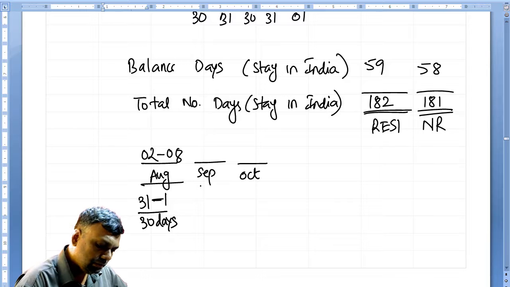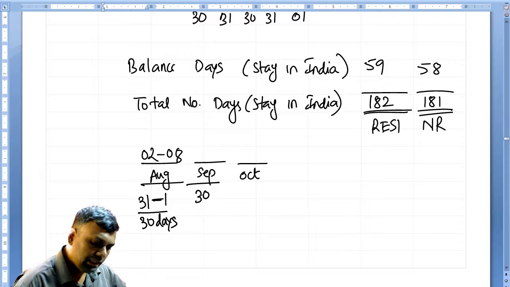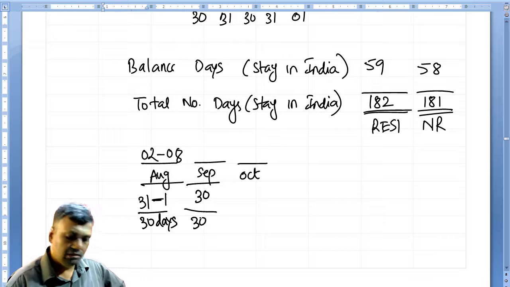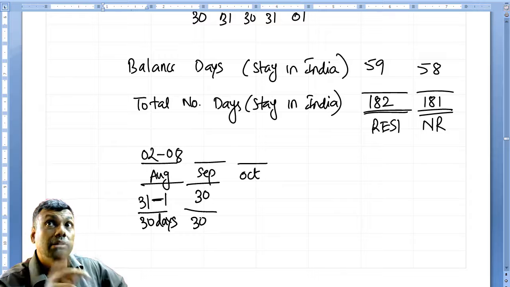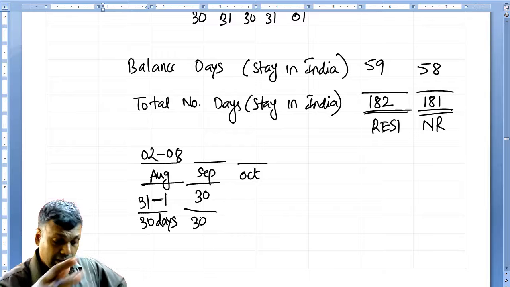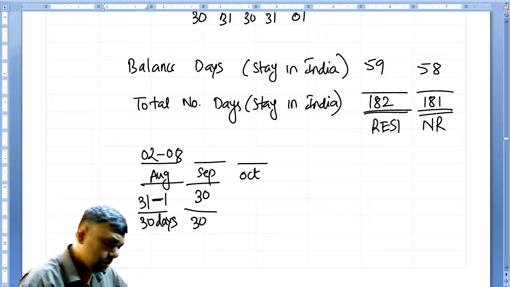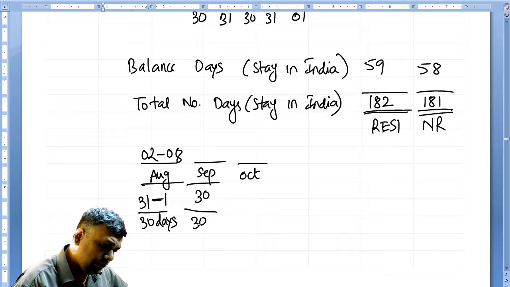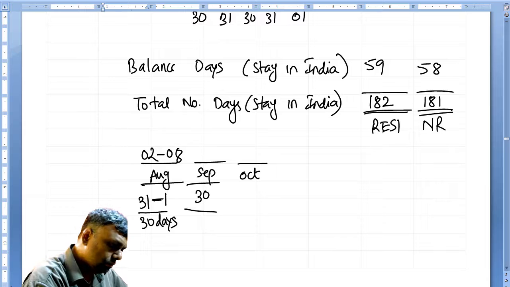September is how many days? September is 30 days. Okay. So, supposing if he stays 30 days in September, my God, 30 plus 30 will become 60 days. No, we should stop him. You cannot stay here till 30 days. Sorry, then it will become 60 days, no? So, less.